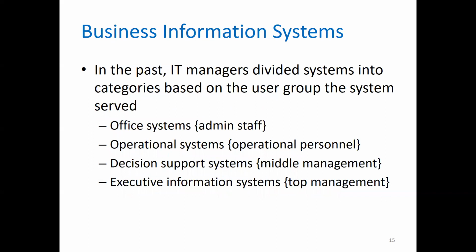Business information systems. In the past, IT managers divided systems into categories based on the user group the system served. So the groups were such: office systems for admin staff, operational systems for operational personnel, decision support systems for middle management, and EIS, executive information systems, for the top level management. So this is how it used to be in the past.